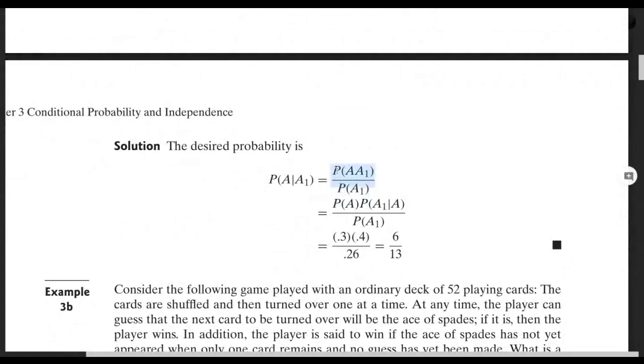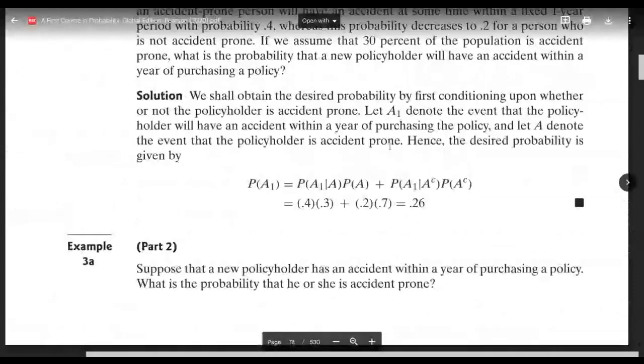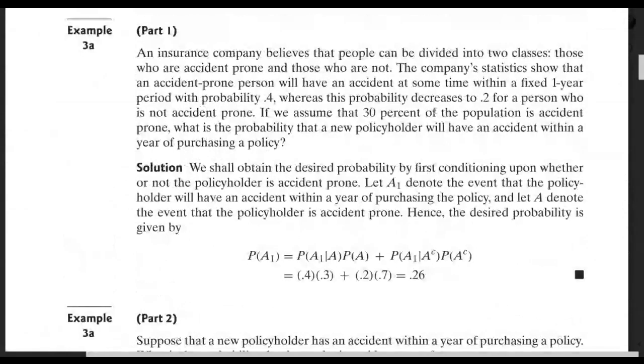So for the numerator, we get the intersection, which is the probability of A1 after A happened, accident prone and accident happened in a year. I have to come back to check.